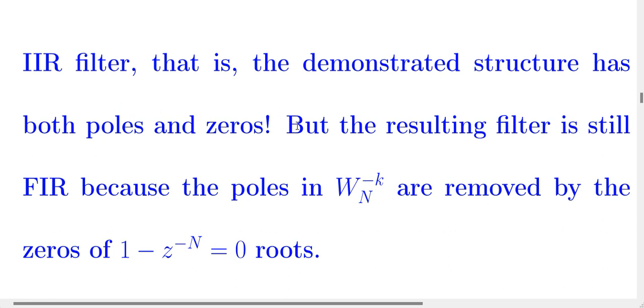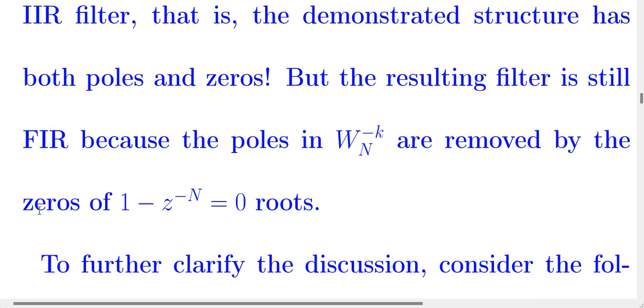But the resulting filter is still FIR. Why? Because the poles in W_N to the power of minus k positions are removed by the same zeros located there, by the zeros of 1 minus z to the power of minus N being equal to 0 roots. That's it.